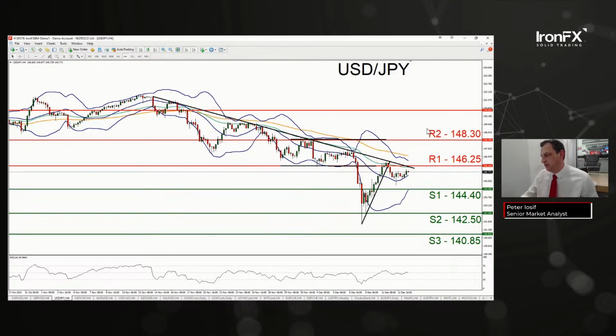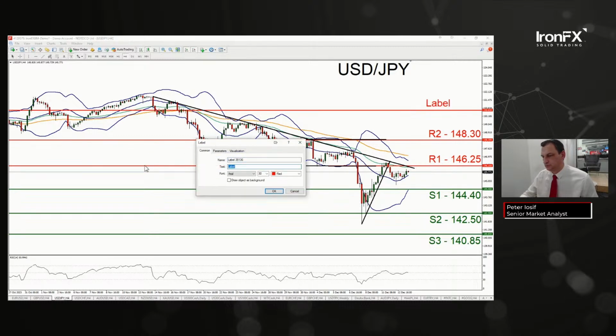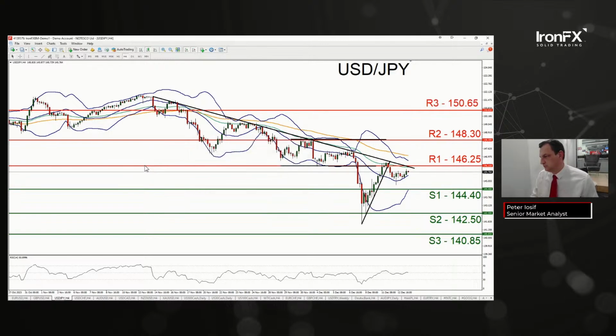And finally, the R3 at 150.65. Once again, for the time being, we tend to maintain a bias for the sideways motion to continue.